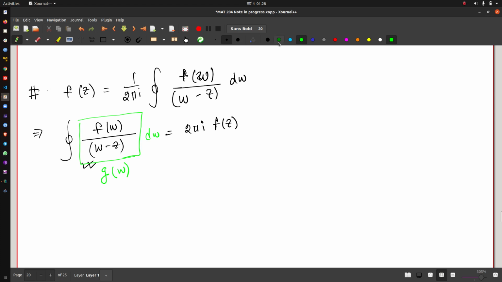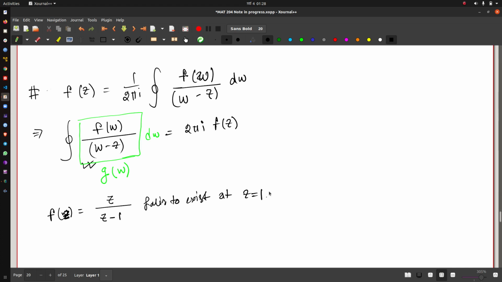An example would be, let's take a very simple example. Let's say f of z equals z divided by z minus 1. This f of z fails to exist at z equals 1. And in terms of complex variables, we say that this fails to be analytic at z equals 1.